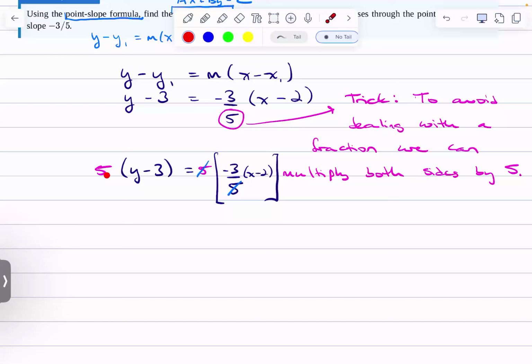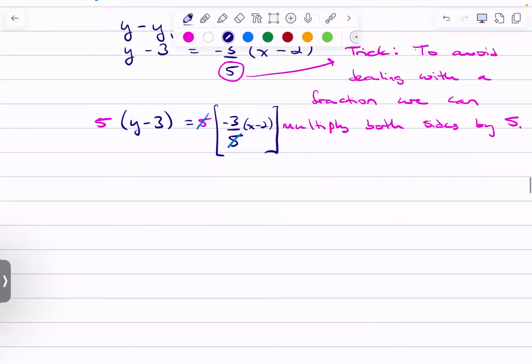This 5 I do have to distribute, and so I get 5y minus 5 times 3, which is 15, is equal to negative 3 times x minus 2, which I still have to distribute.